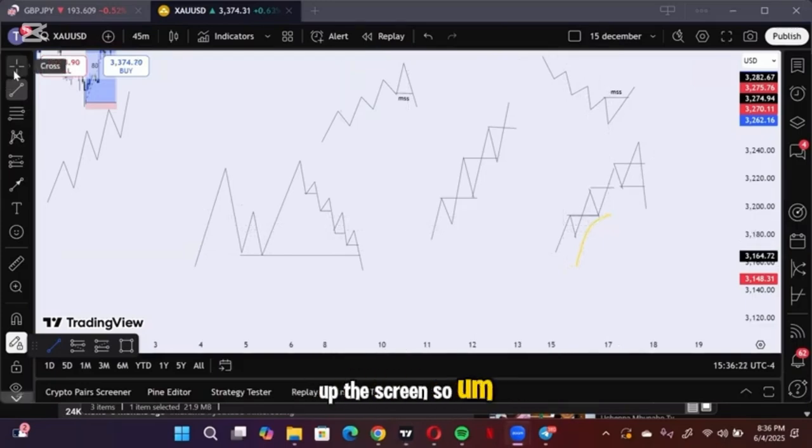So when it comes to break of structures, there's a difference between a single break of structure and a double break of structure. In the market, there's going to be existing support zones or existing resistance levels before. So when market is on a downtrend and it keeps making lower highs and lower lows, each lower low that it makes is a break of structure to the downside.